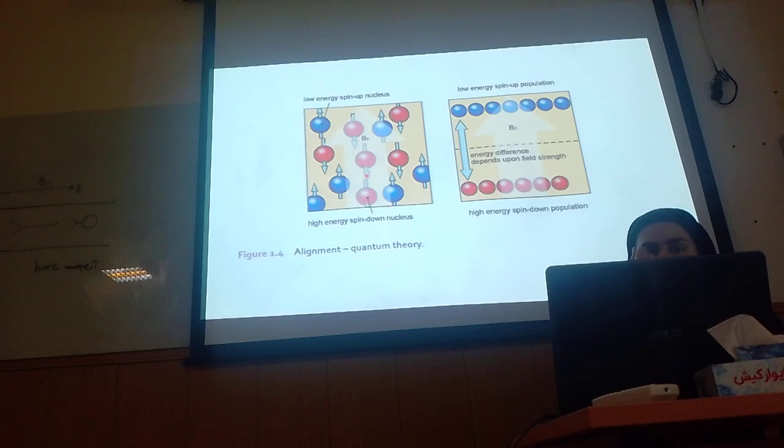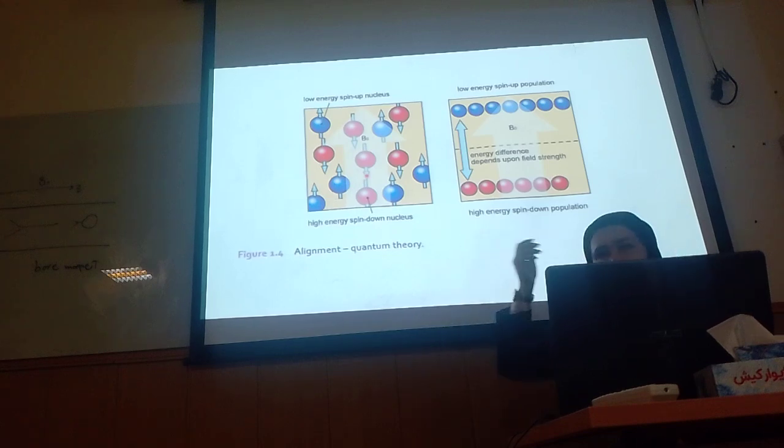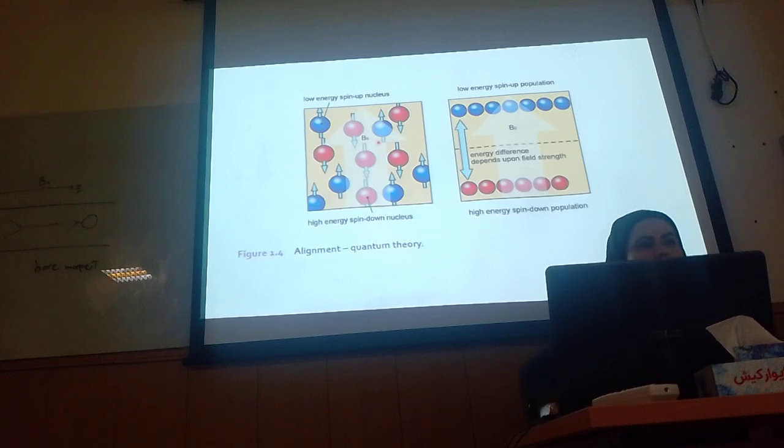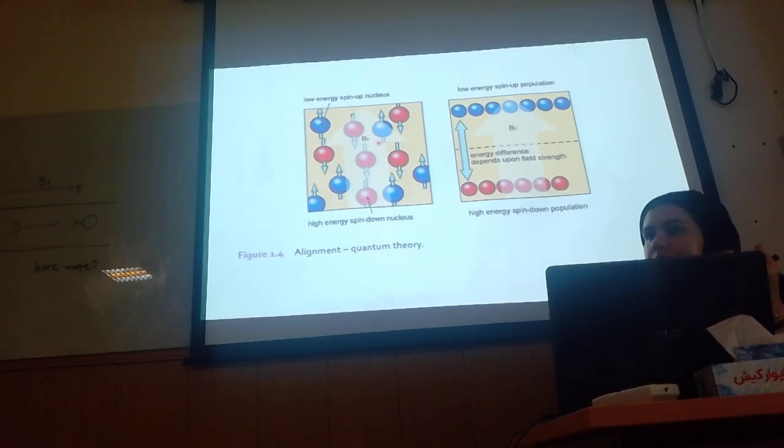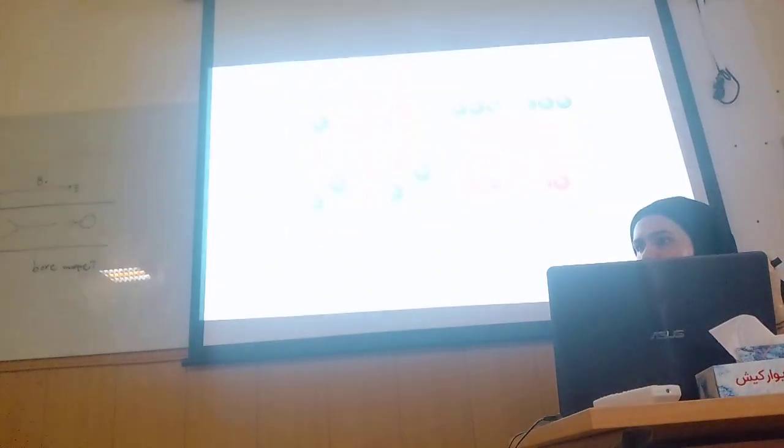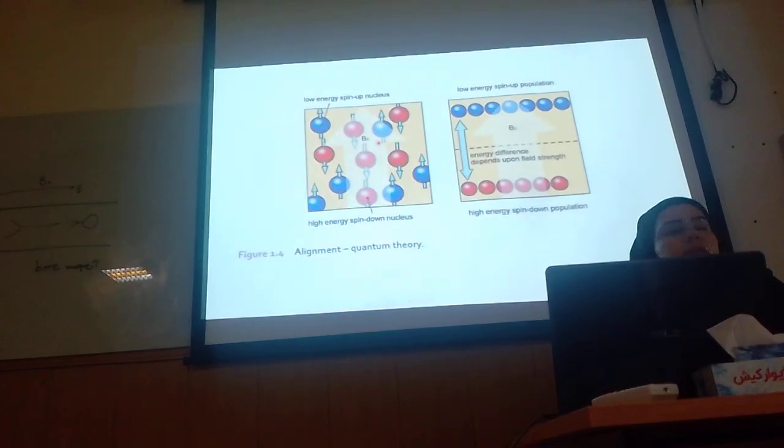When the nucleus is placed within an externally applied magnetic field, what we have in the Bohr magnet is spin aligned with the external magnetic field or opposed to it. You can see this picture.